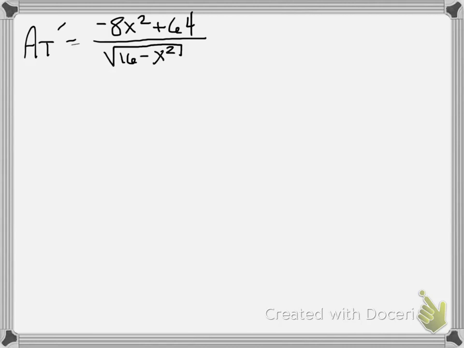So here's our total area prime being equal to negative 8x squared plus 64 over the square root of 16 minus x squared.